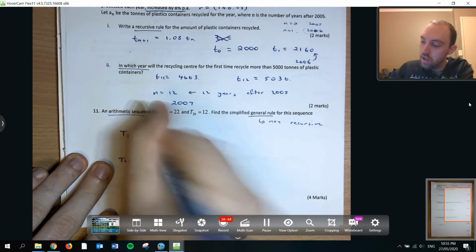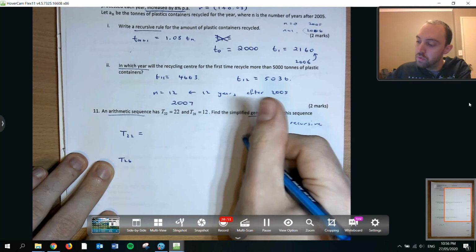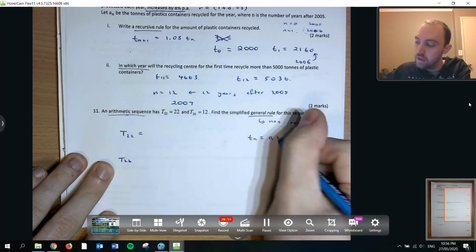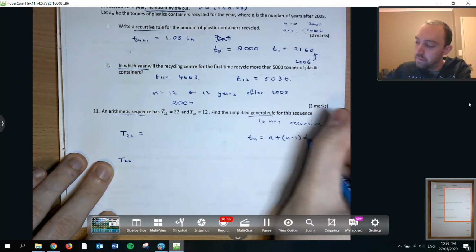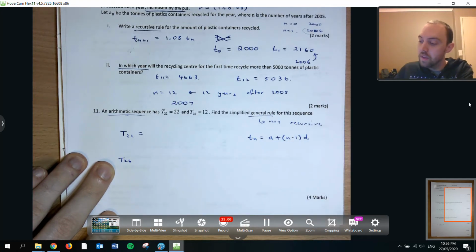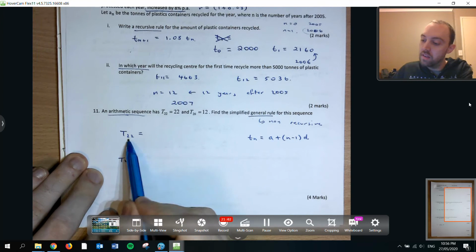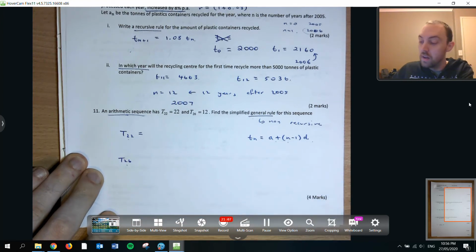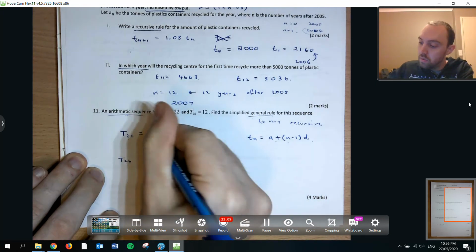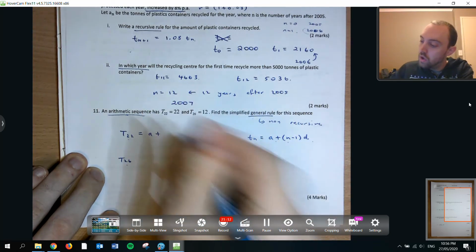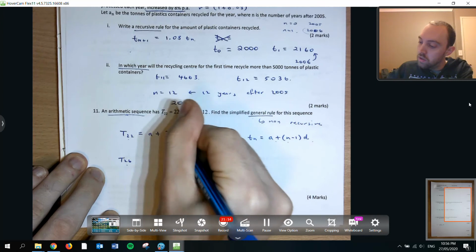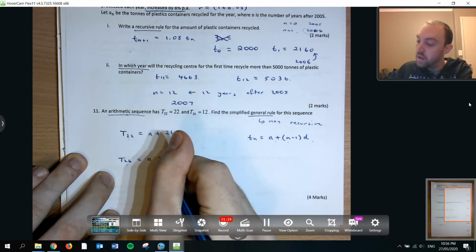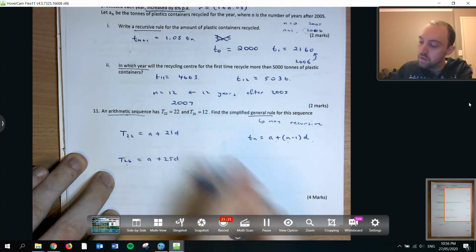And we're going to use this general rule for an arithmetic sequence, which says that Tn is equal to a plus n take 1 d. Now the only thing that we know about in T22 and T26 is n, because we're trying to find a and d. In this case, we're just going to go a plus n take 1, which is 21d, and this is going to be a plus 25 times d.